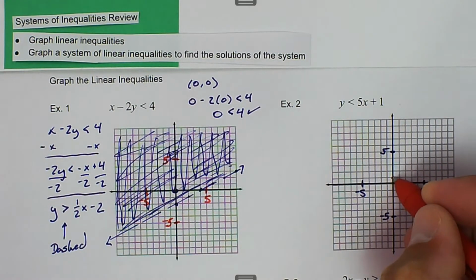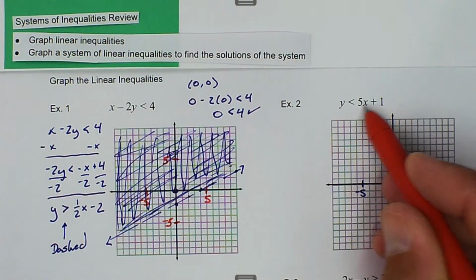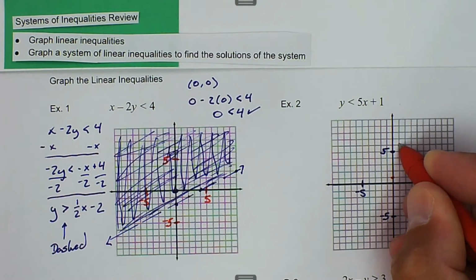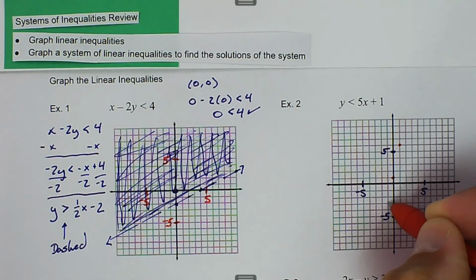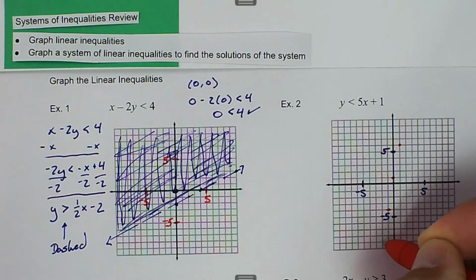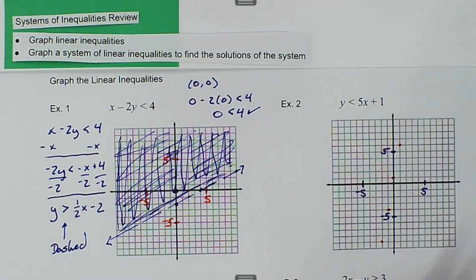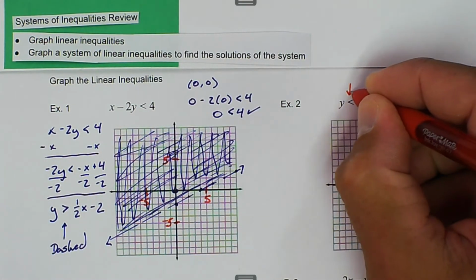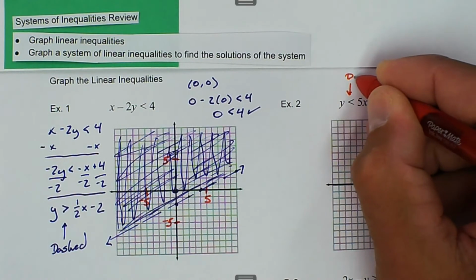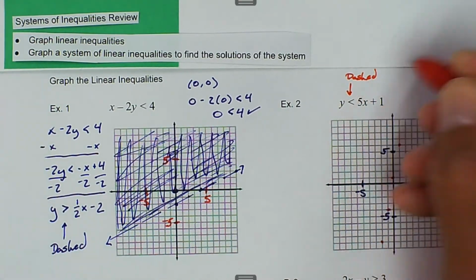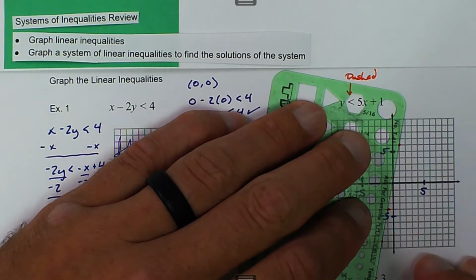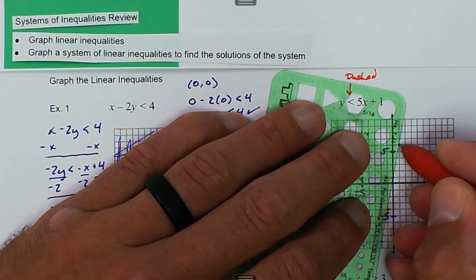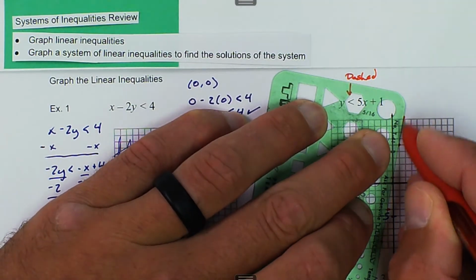So we start at +1, and then our slope is 5 over 1. So up 5 over 1, and then back 1, down 5, and back 1, down 5. Then we can draw that line, and again, this symbol here, less than, means dashed. So we can draw our dashed line that goes through those points.